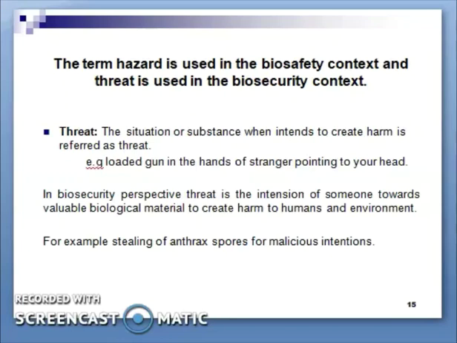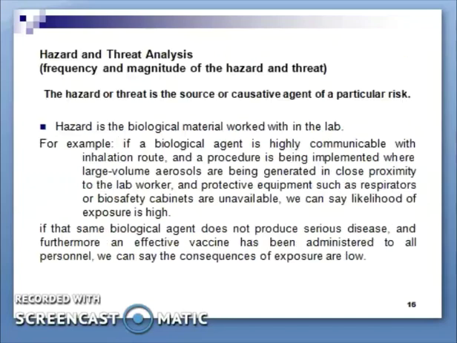A loaded gun in the hands of a stranger is a hazard, but it becomes a threat when pointing to your head. So threat, as already discussed, means intentions are involved. In the biosecurity perspective, threat is the intention of someone towards valuable biological material to create harm to humans and the environment. For example, stealing of anthrax spores for malicious intentions.